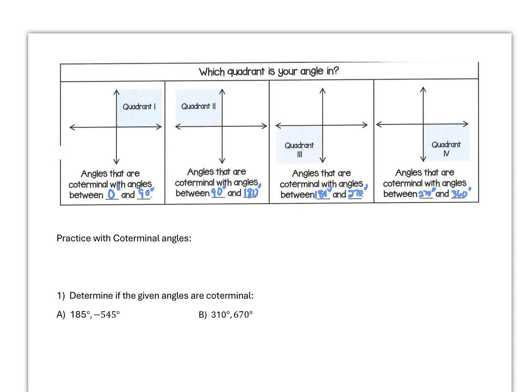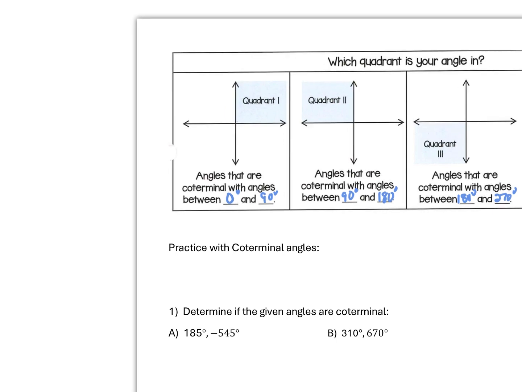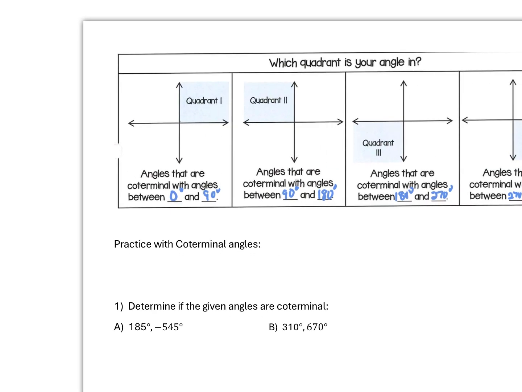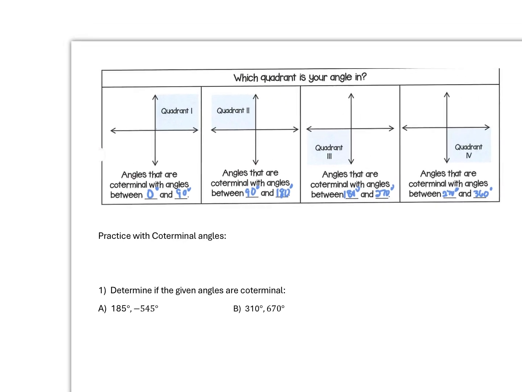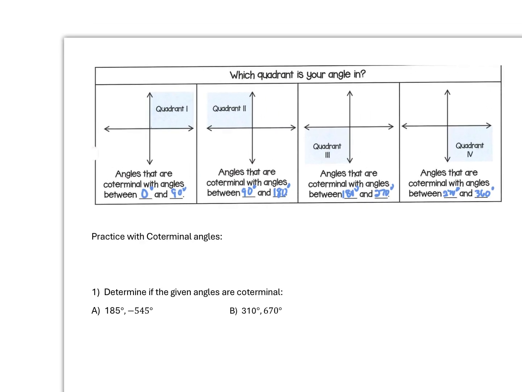We know that already. That's great and fine and dandy. Here's where the issue comes in. If you're given an angle measure that is not between 0 and 360, we have to figure out the coterminal angle so that we have an angle that's between 0 and 360.